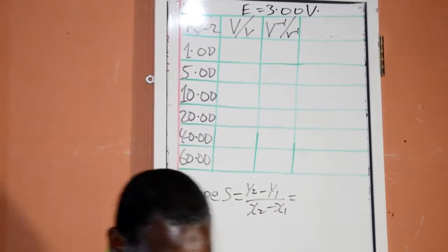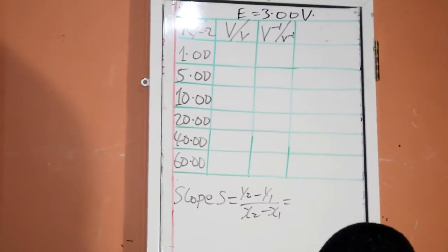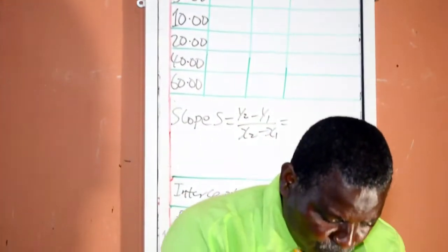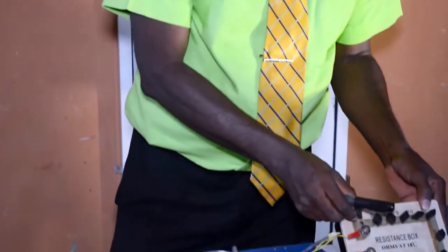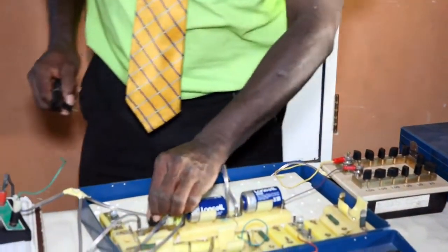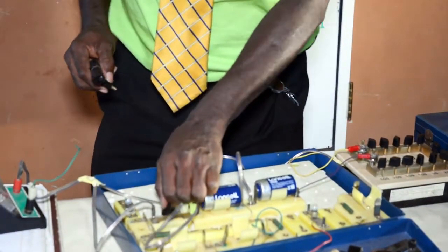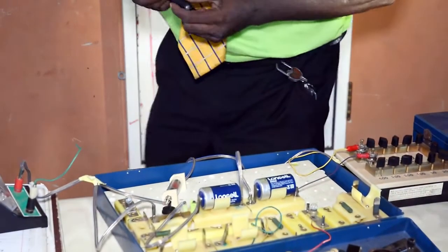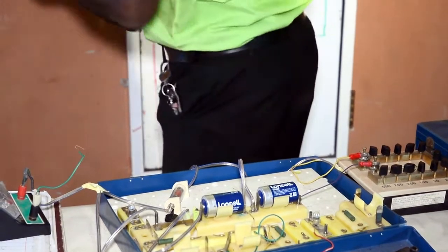Now we are going to remove 1 ohm. When we remove 1 ohm from the resistor box and close the key, the value on the voltmeter is 1.3 volts.